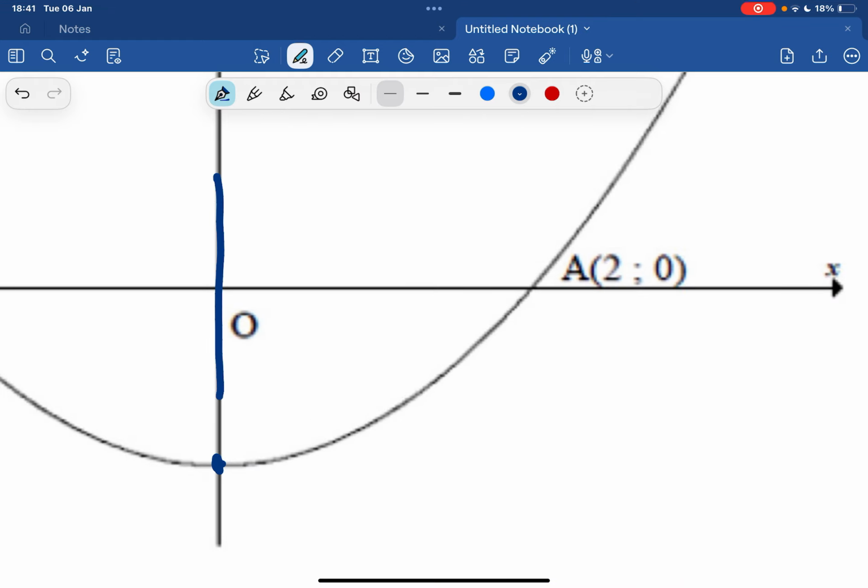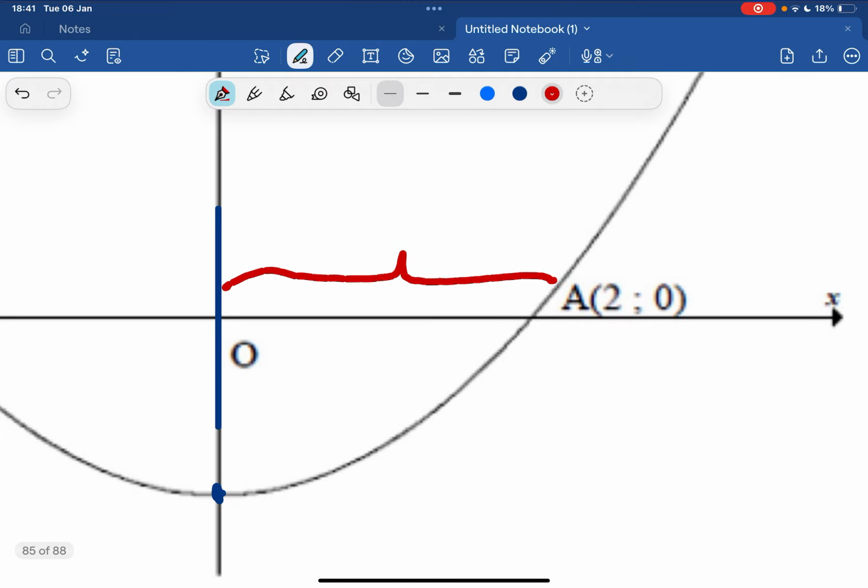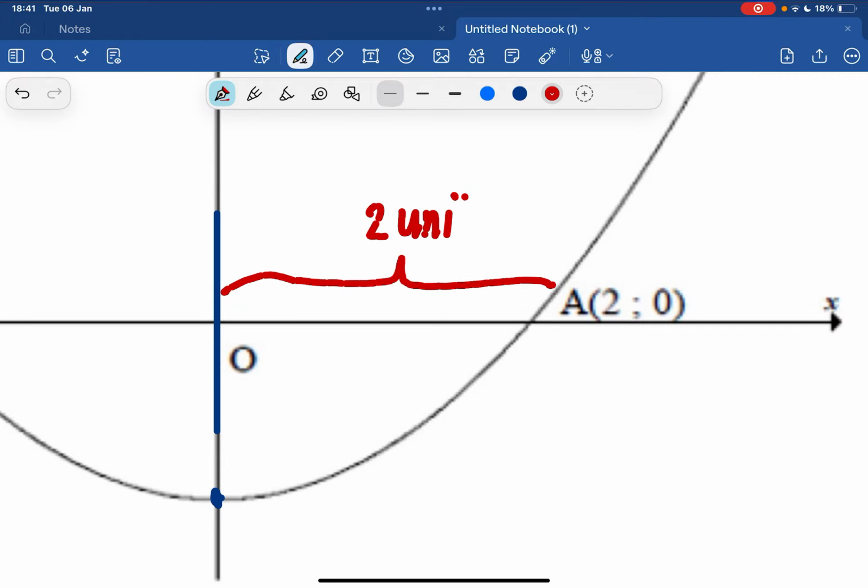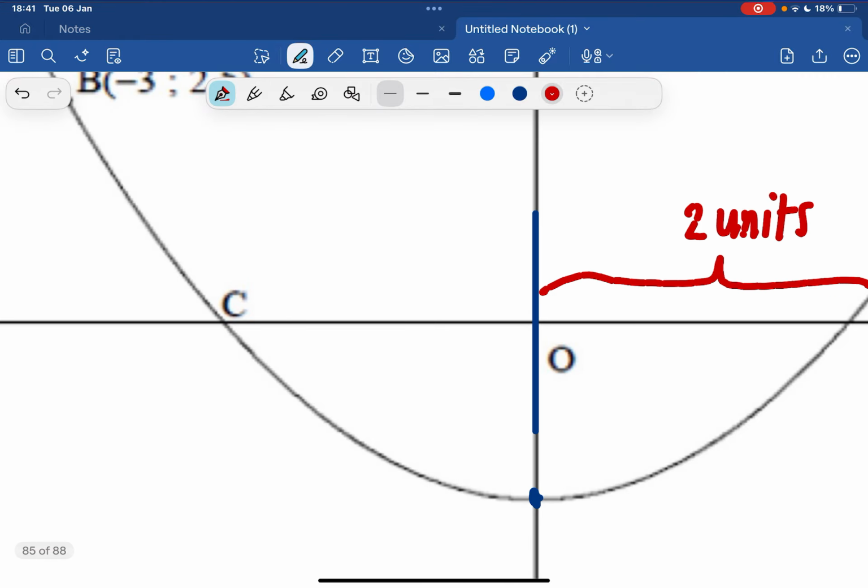It's on 0. So what does that mean? From 0, the blue line that I've now highlighted is 0, right? So it's 2 units from 0 to get to that point. A parabola will be symmetrical. Therefore, from here to the blue line should also be 2 units.